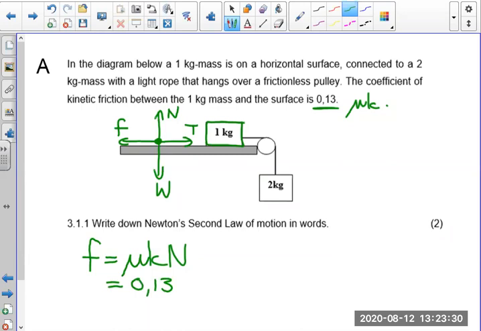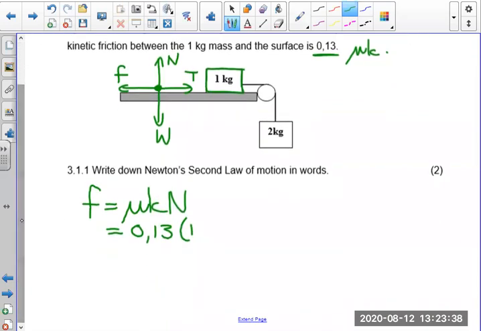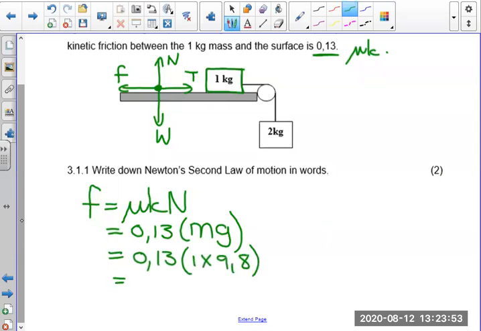Because all the vertical forces are on one line, I can say that the normal force is equal to the weight, which is m times g, as you can see there. So it's going to be 0.13 times the mass, 1, times 9.8. When I multiply this, I get the friction force.